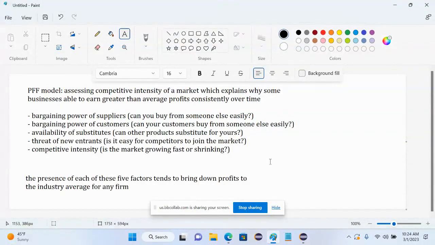He looked at all their profits over time and looked at the attributes of those businesses and said, hey, some of these businesses are making a lot more money than the others. I wonder why. And he identified along these 5 dimensions. So if you do some 5-dimensional cube, the high profit ones would be at one side of it and the low profit ones would be at the other side of it. Basically a cluster analysis.